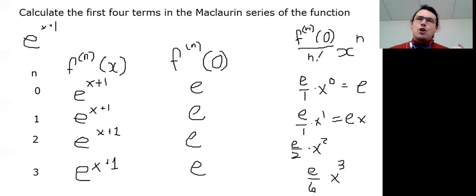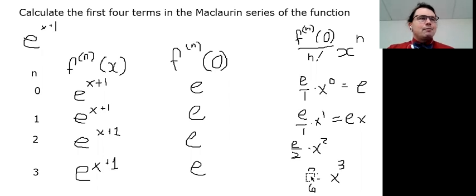So here are the first 4 terms in the Maclaurin series for the function e to the power x plus 1. The constant term is the number e. The linear term is e times x. The quadratic term is e divided by 2 times x squared, and the cubic term is e divided by 6 times x cubed.